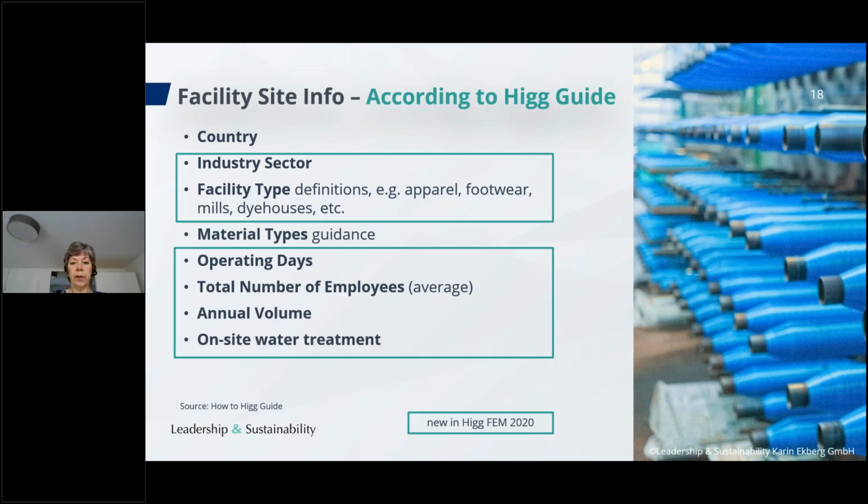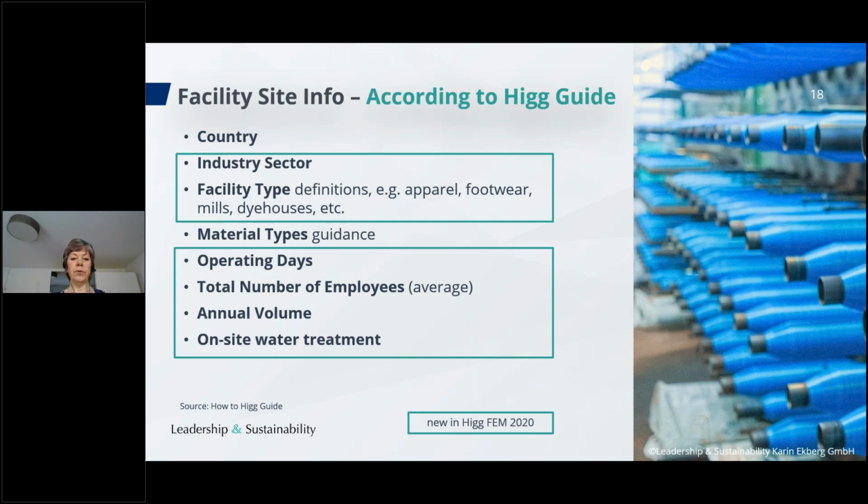And today you should report the average number of employees and not the number of employees at the end of the year. And this is still online. This guidance has still not been given, but in the How to Higg, it is indicated as a change that you should have the average number of employees.